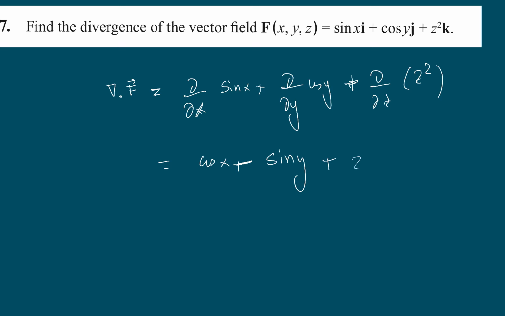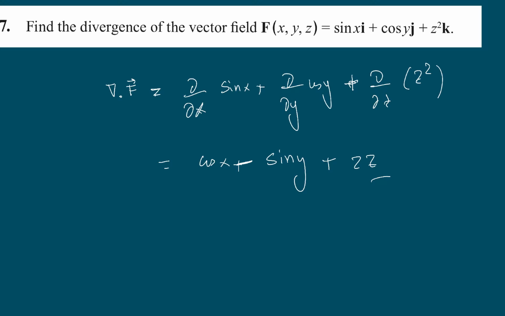plus 2z. So the divergence is different than 0, except at the point where z equals 0.